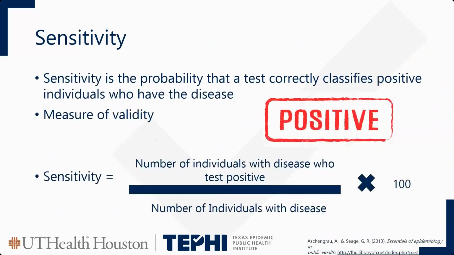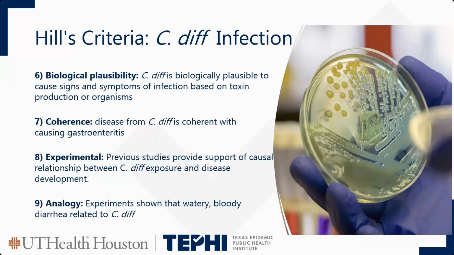C. diff is biologically plausible to cause signs and symptoms of infection based on toxin production or organism. The next criteria is coherence. Disease from C. diff is coherent with causing gastroenteritis. Also, for the experimental criteria, previous studies provide support of a causal relationship between C. diff exposure and disease development. And the last criteria, analogy. Experiments show that watery bloody diarrhea are related to C. diff.